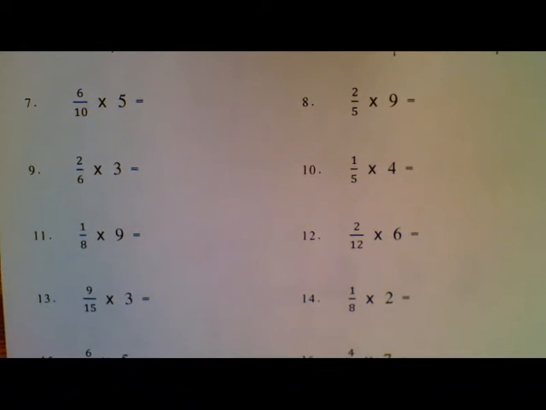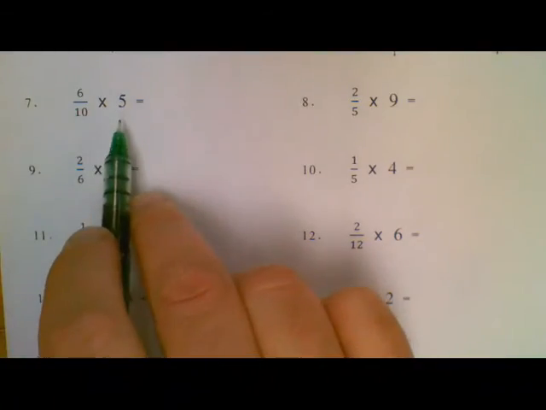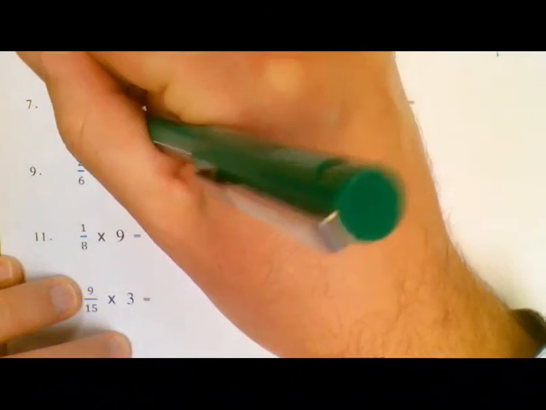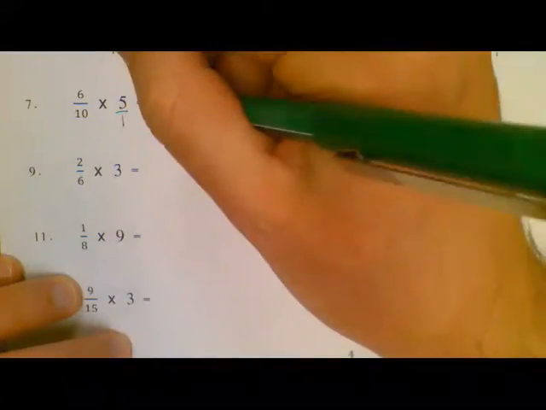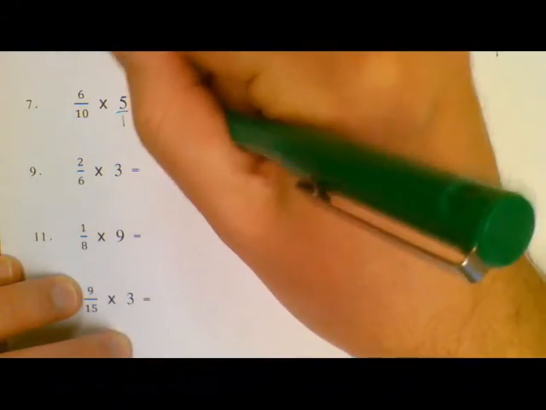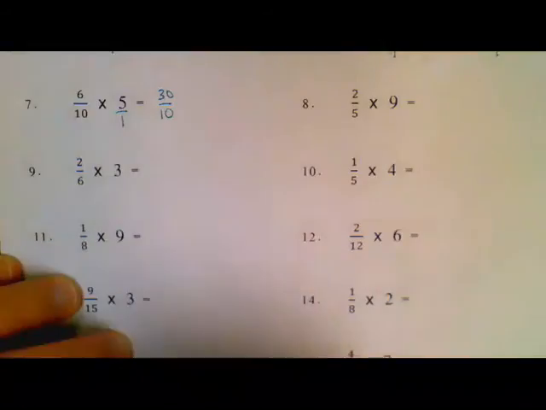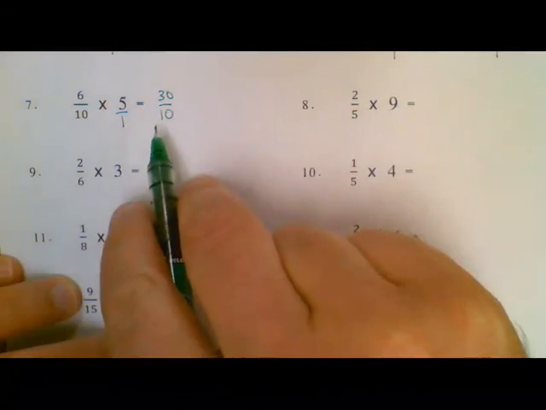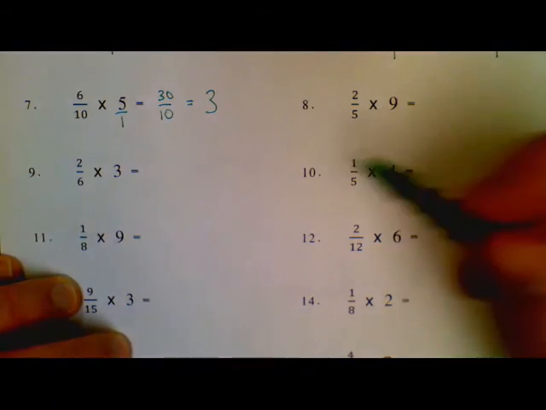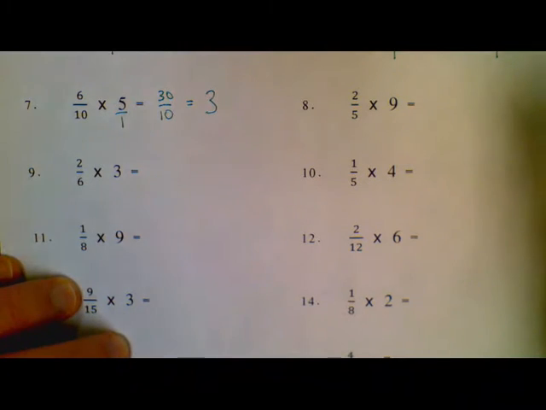All right, 6/10 times 5. We got 5 pizzas. They all have 6/10. Let's put this on a pedestal. Let's times it. 30 over 10. Interesting. Count by tens up to 30. 10, 20, 30. 3 pizzas, nothing left over. No need to put any fractions, okay?